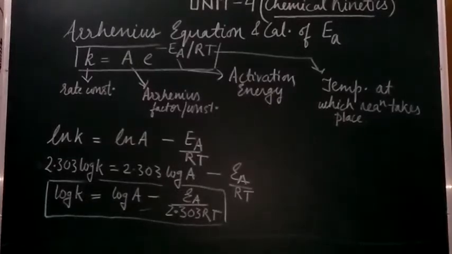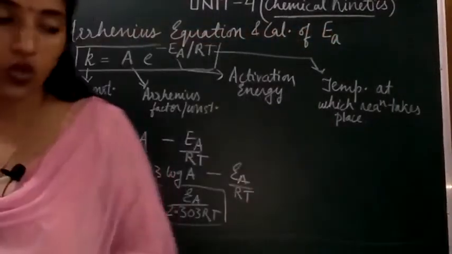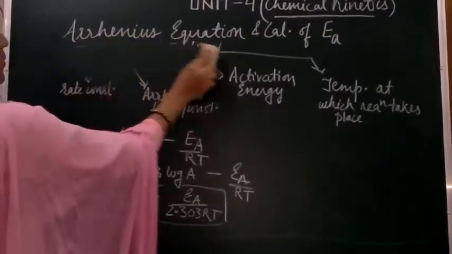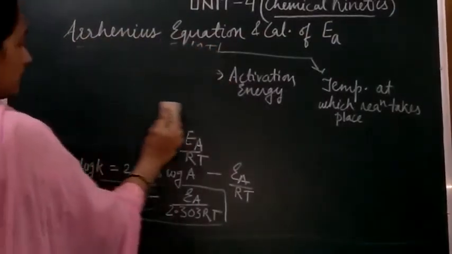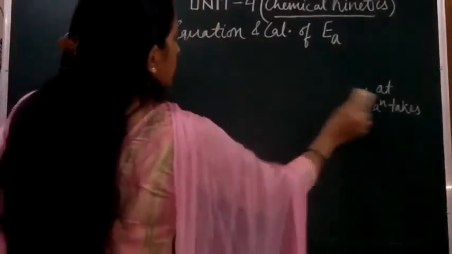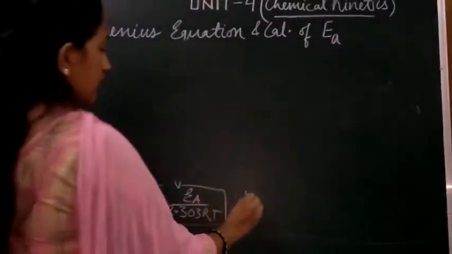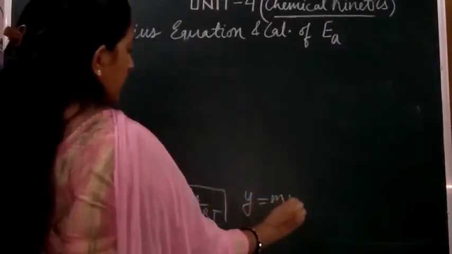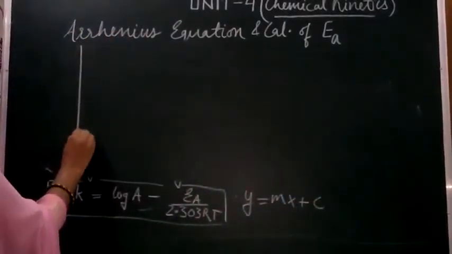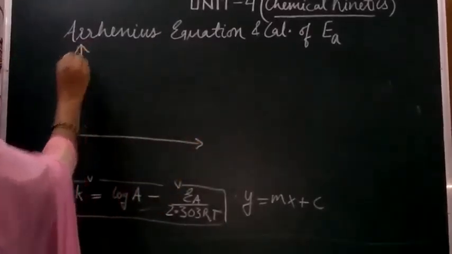Now students, if we compare this equation, log k equals log A minus Ea upon 2.303 RT, with the straight line equation y equals mx plus c, you can easily plot a graph here.